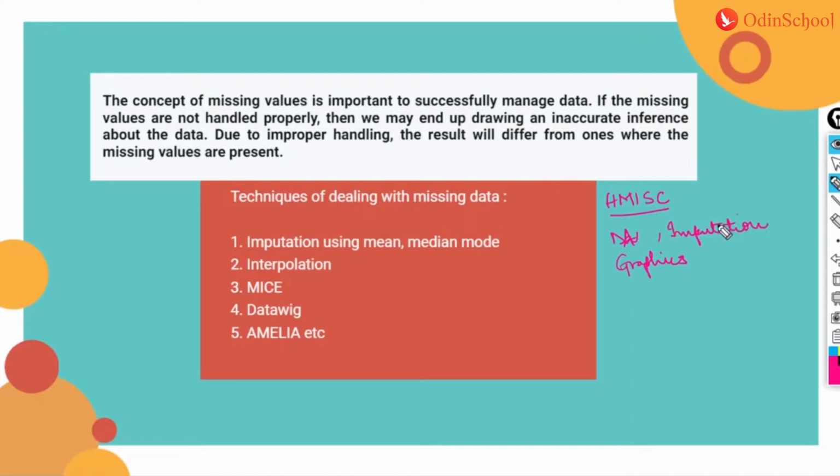So it can be used for imputation as well, and it can be used for different model fitting as well. All right, so these are the different purposes we can use Hmisc for.